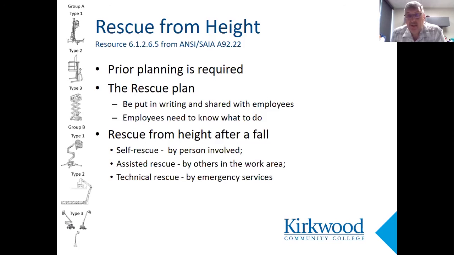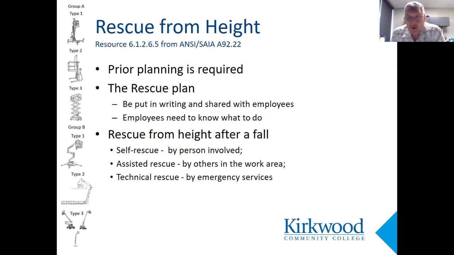Now, the other side of the training is how to rescue them if, for some reason, the platform won't come down, maybe it's tipped over onto another structure or another lift. Something's happened that has failed completely.